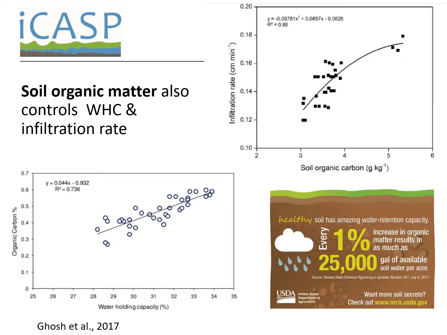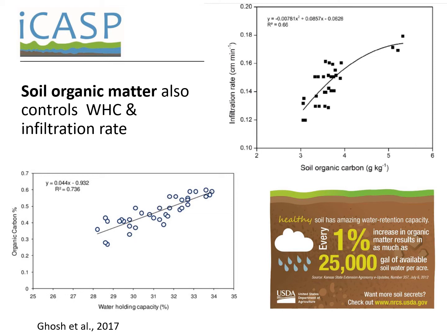But soils do not just contain mineral particles, they contain soil organic matter. And this has a big impact on the water holding capacity and infiltration rate of a soil. Soil organic matter is able to absorb more water than mineral particles, and therefore for every 1% increase in soil organic matter content, there is an increase of 25,000 gallons per acre.